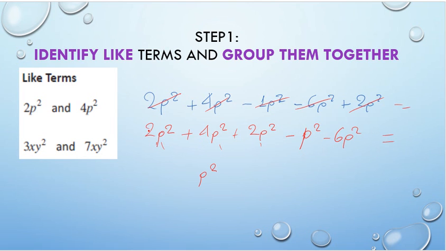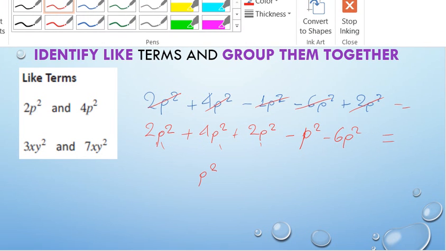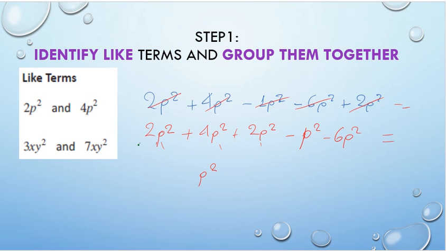They're all b squareds. How many do I have? I'm adding the numbers now. I have 2 and 4 and 2. Altogether 8 b squareds. Let's see on the other side what I have here. I have 6 and 1, 7. What's the sign here? Take away 7b squared. How many b squared do I have? 8.